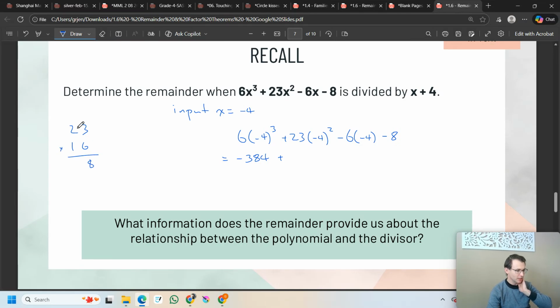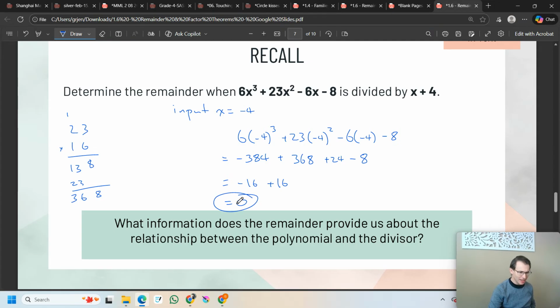So we get 368. Then minus 384 plus 368 plus 24 minus 8. Okay, negative 384 plus 368 gives us negative 16, and 24 minus 8 gives us plus 16. So this equals 0. Wait a minute.